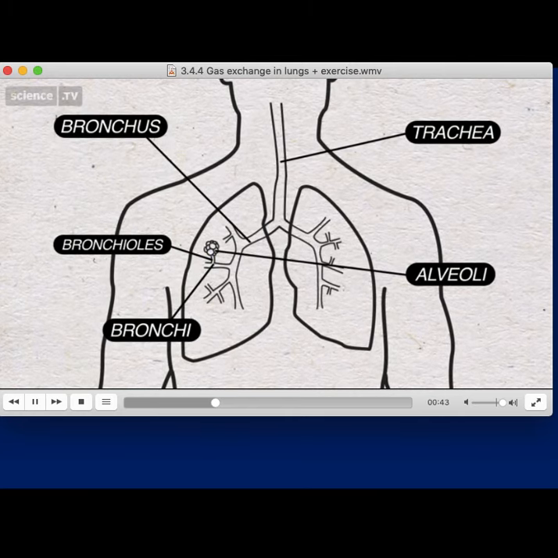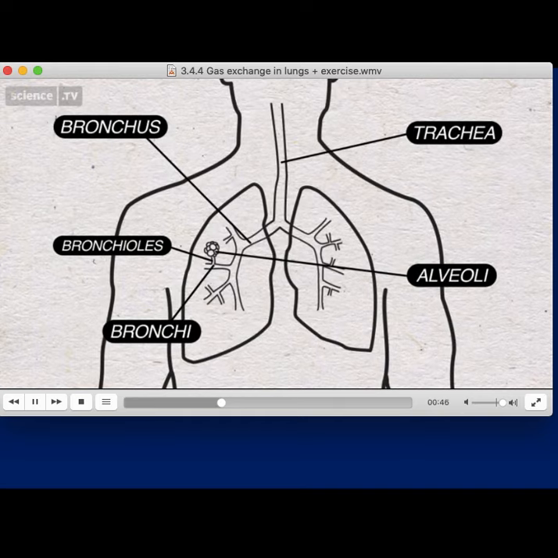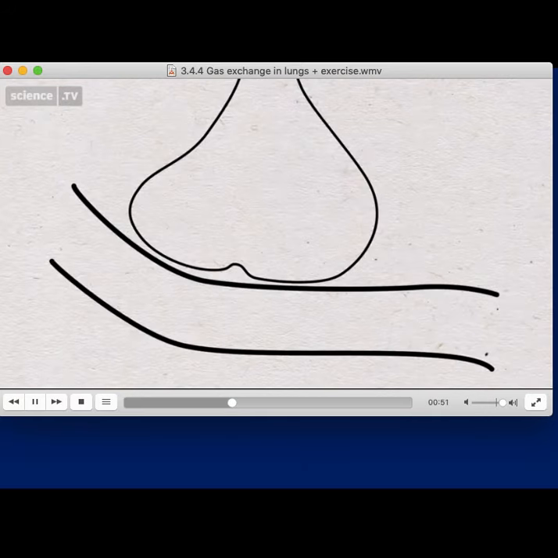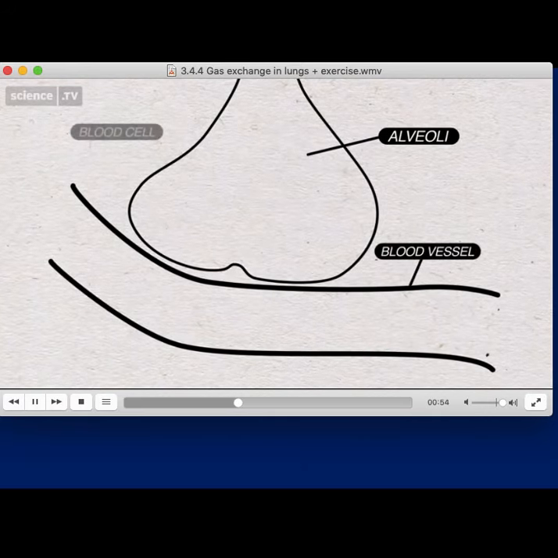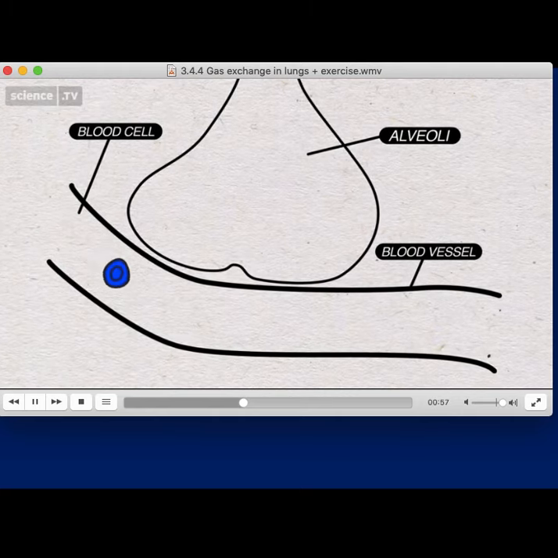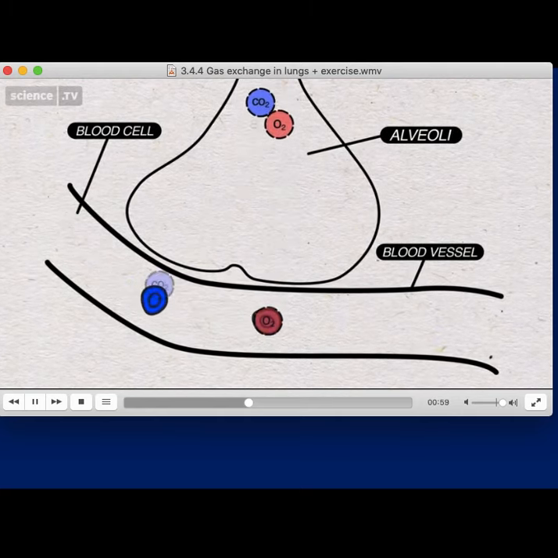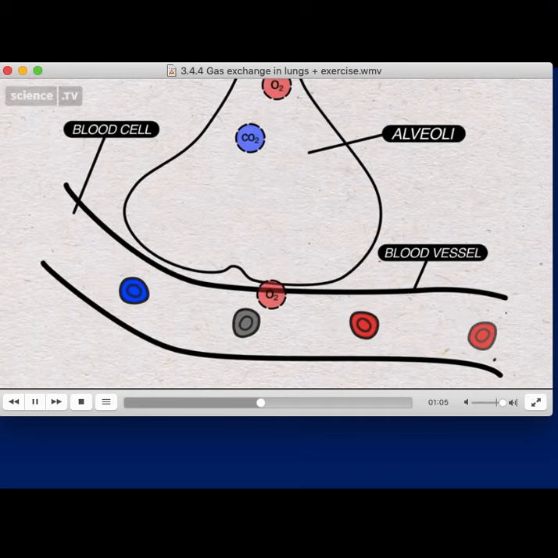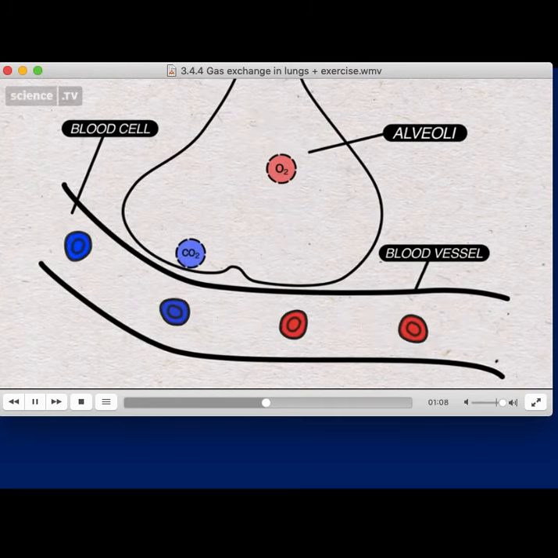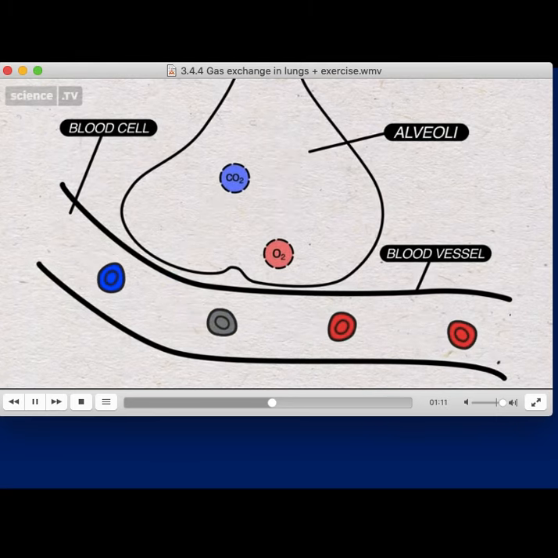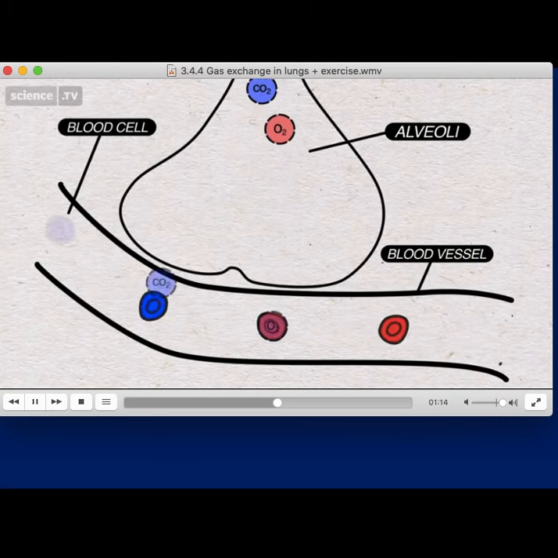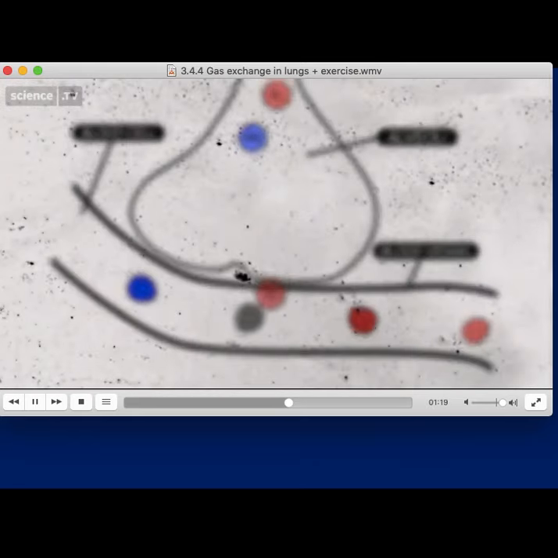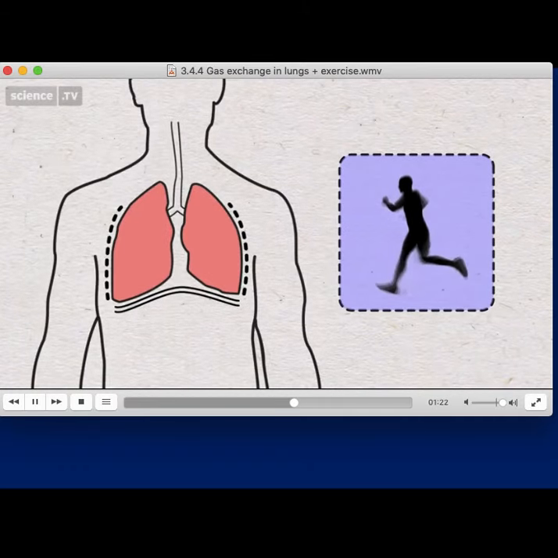These are microscopic air sacs that are so tiny we're going to have to get a little bit closer. Whoa! So how does the outside air get inside? The alveoli have incredibly thin walls, so those oxygen molecules can just diffuse across them and into the blood vessels that are crammed around. At the same time, your blood gets rid of carbon dioxide, which is a waste product made when your body burns oxygen. Well, that's all very well, but what happens when you exercise?